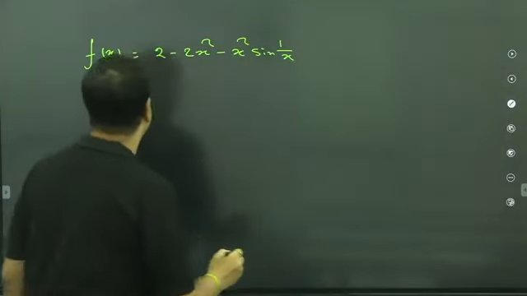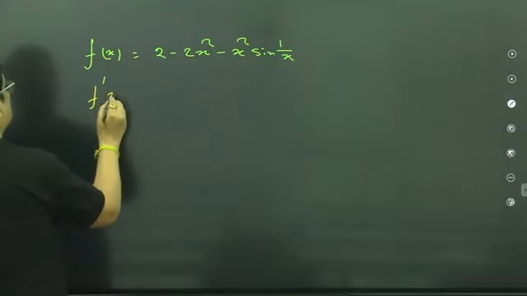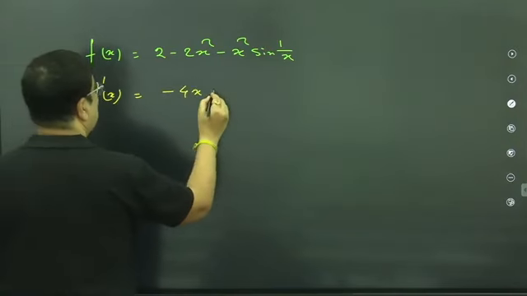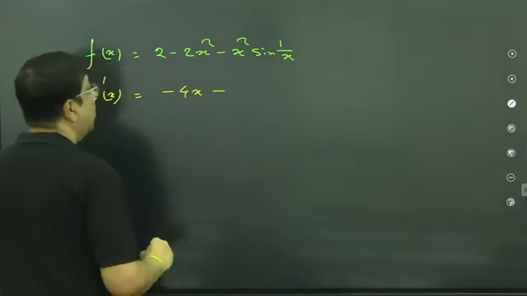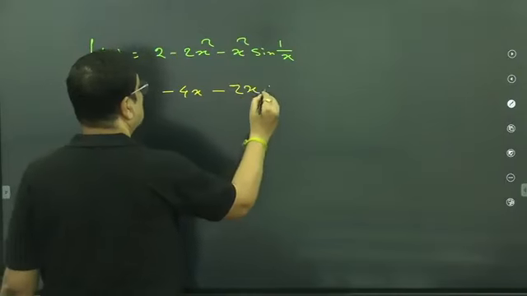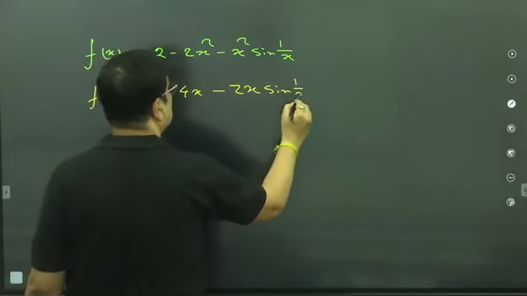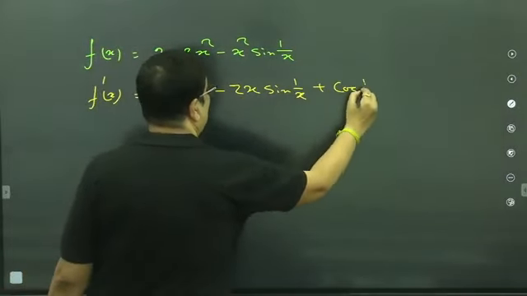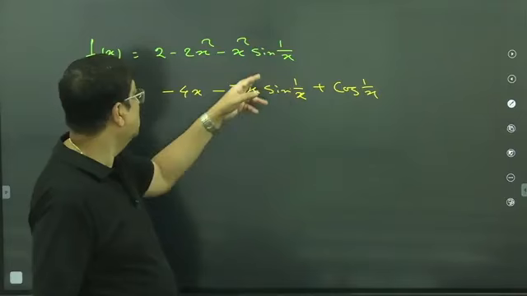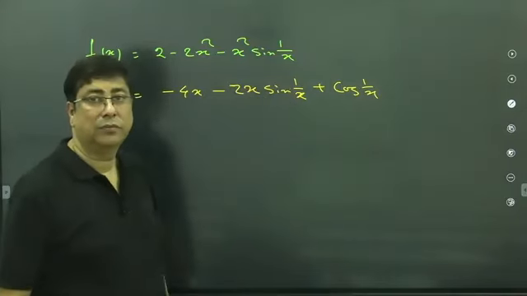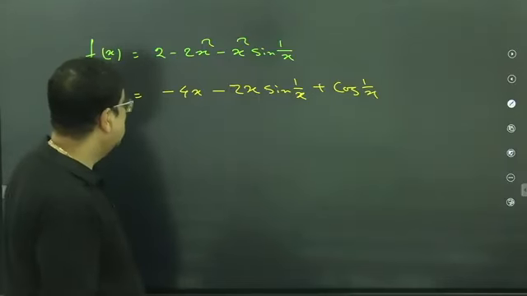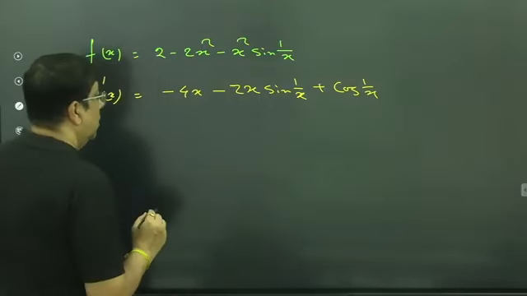So, f dash x: the derivative of 2 is 0, that is minus 4x minus, if we take x square, by the UV formula, 2x sine 1 by x plus cos 1 by x. And if we differentiate x square sine 1 by x, keeping sine constant, the derivative of x square is 2x, and like this. Okay. Now, we'll see its differentiation.